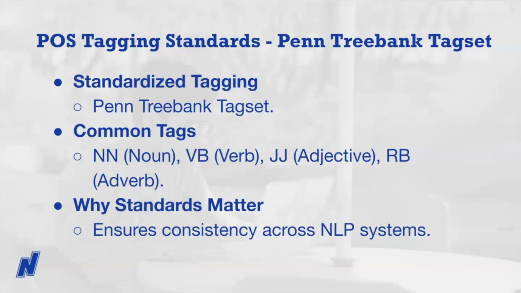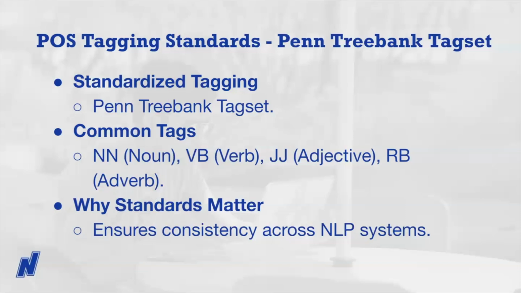For example, some of the most common tags include NN for singular nouns, VB for verb base form, JJ for adjectives, and RB for adverbs. Each of these tags is crucial because they help the system break down the structure of a sentence. The tagset is much more extensive, however, and includes over 30 different tags to represent various grammatical structures.